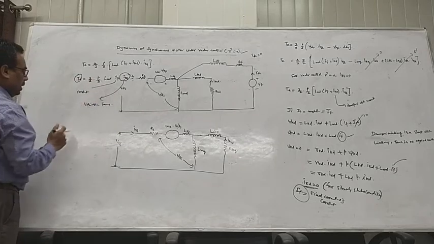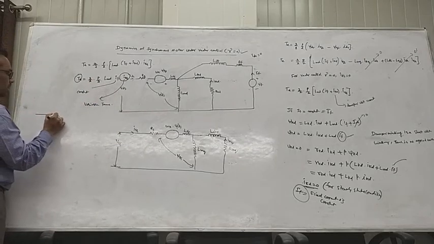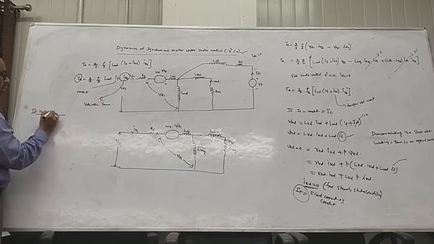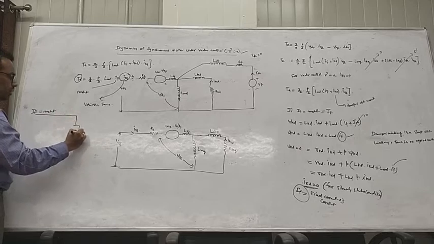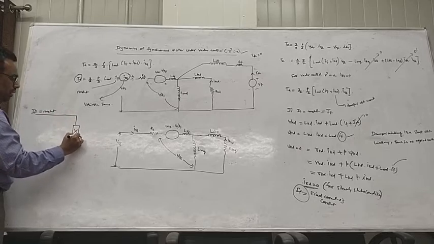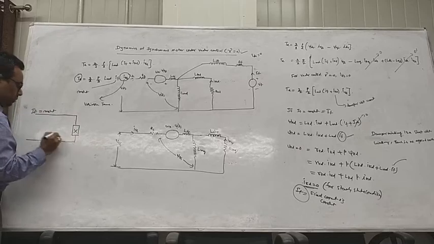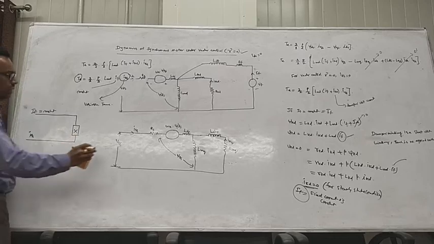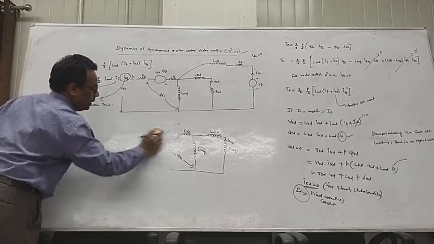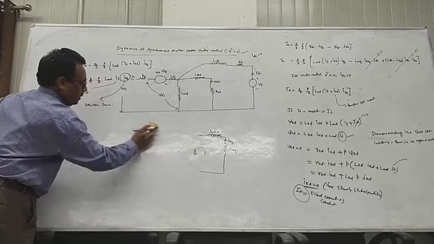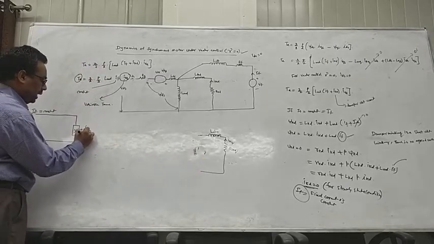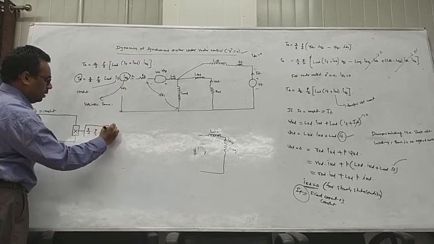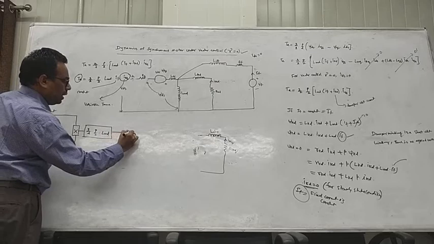So this equation can be represented like this. This is the IF value, because IF is constant, and it goes to the multiplier block. This is the IQS block, a variable quantity, and it is applied to the gain block 3 by 2 into P by 2 into LMD, and then finally you will get the torque equation.